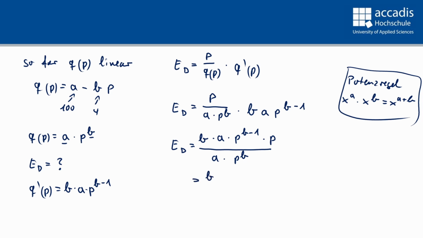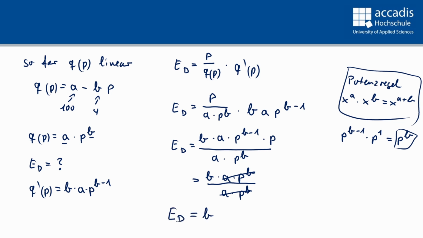We can say, okay, this is B times A. Now let's see what happens to P to the power of B minus 1 when we multiply that by, well, P. Simply, it's going to become P to the power of B, because B minus 1 plus 1 is just simply B. So we have here B times A times P to the power of B divided by A times P to the power of B, which of course cancels out. And then you see that the elasticity of demand of such a function is the exponent.